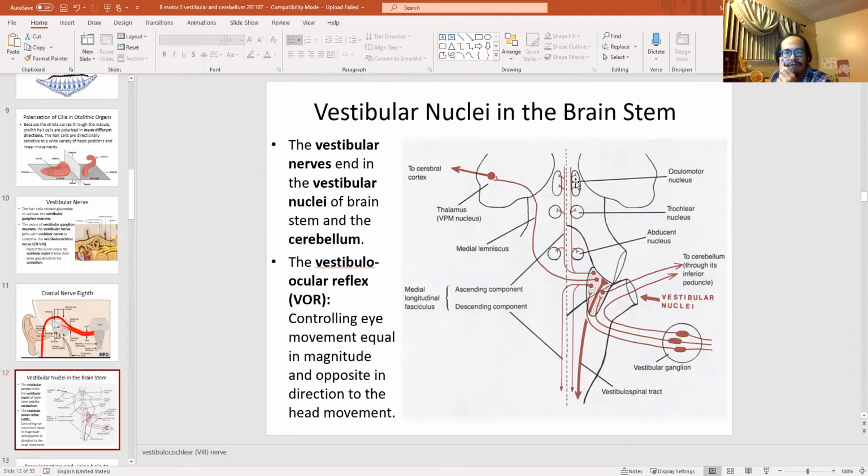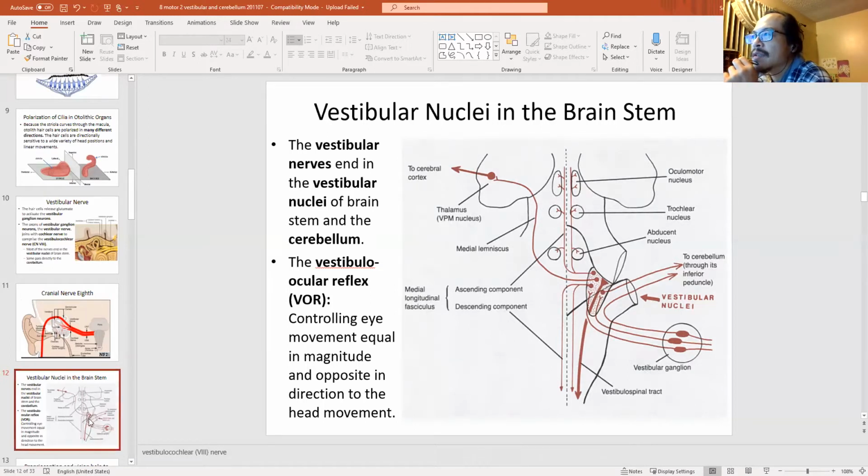Otherwise, your eye would follow your head. But your oculomotor nucleus controls your eye movement to move the same magnitude but in the opposite direction. Then we are able to keep our visual field unchanged while our body is in a very dynamic moving condition. So that's this one here.